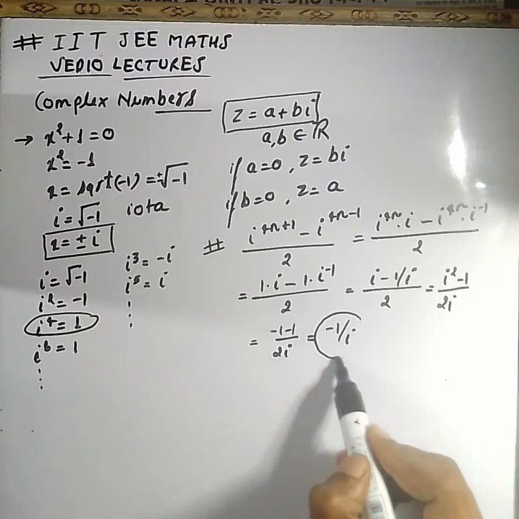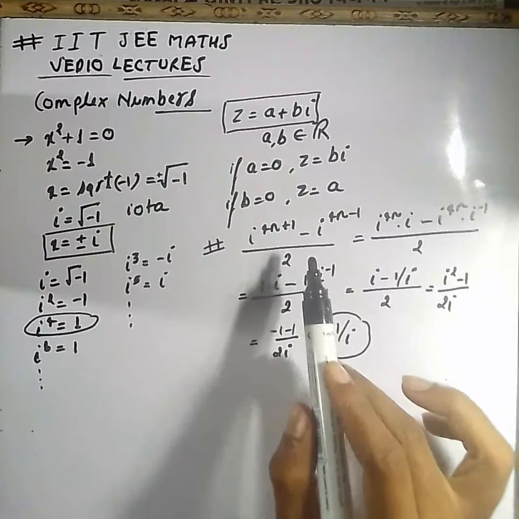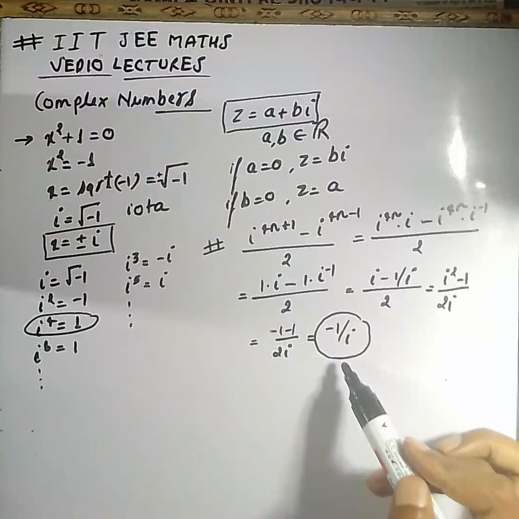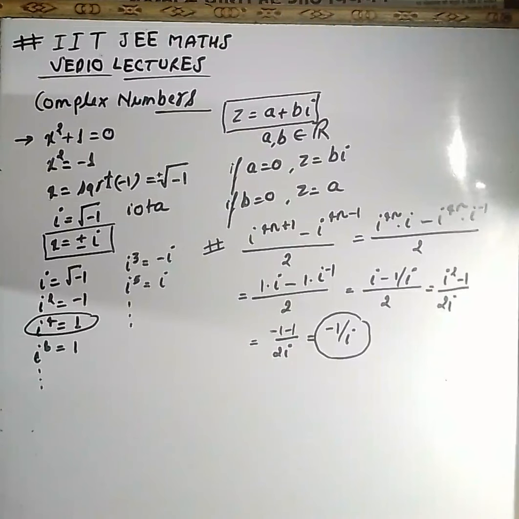This is your solution for the above question, and it will be in one of the objective options. So I hope you find the basic idea of this iota or small i, and also the concept of this complex number z, how to write this z, and inside z what is a and b.